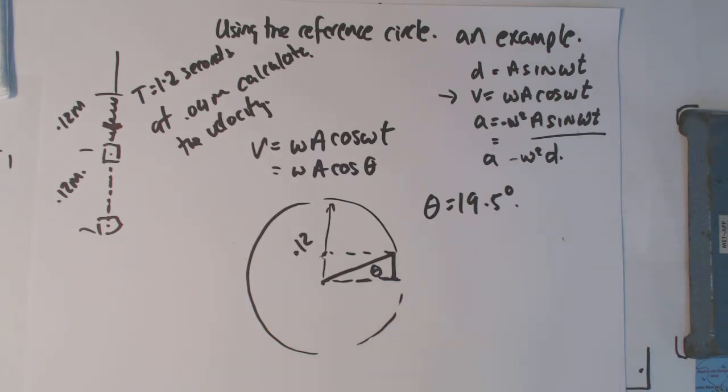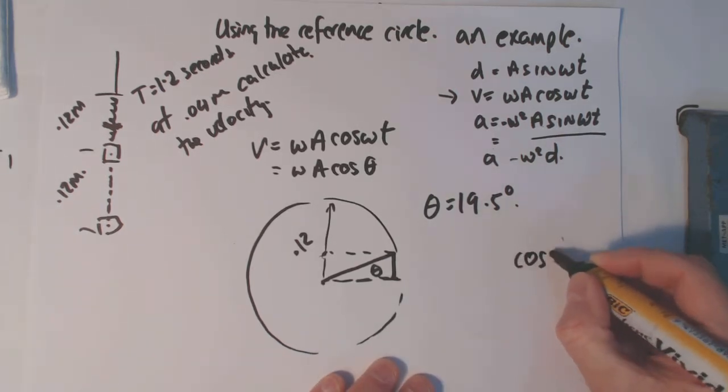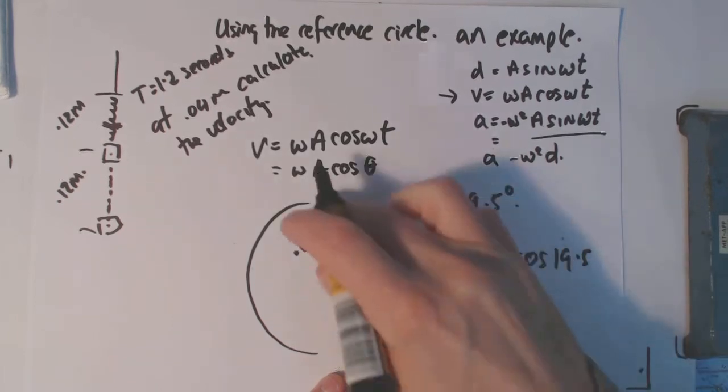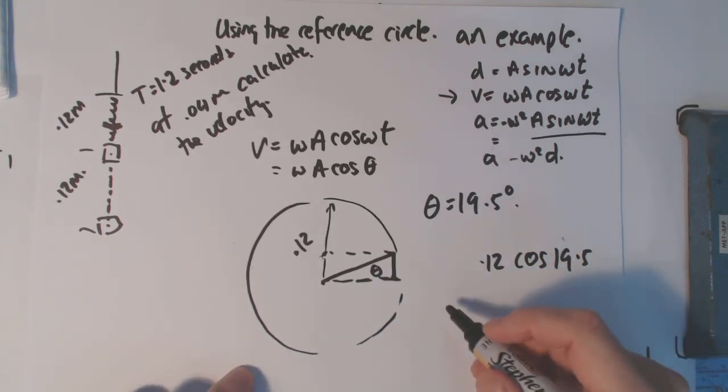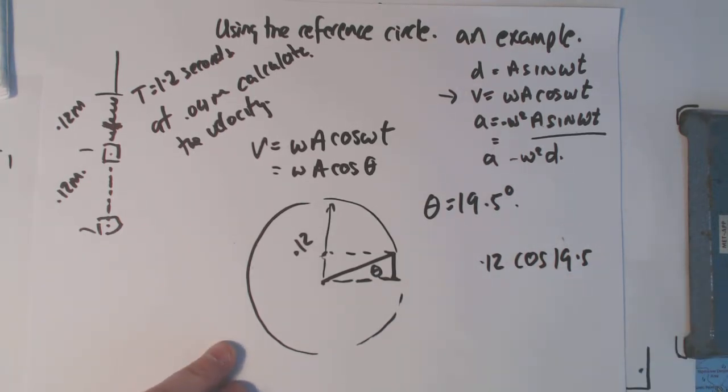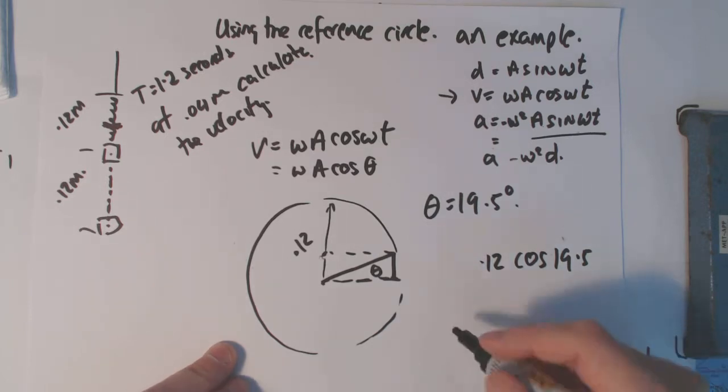But for now we've got the angle and we can easily do now the velocity because it's just omega A cos of that angle, right? Now we've got cos 19.5 degrees, A we know was 0.12. What's omega? Omega, we can easily work out. This is a formula you need to remember.